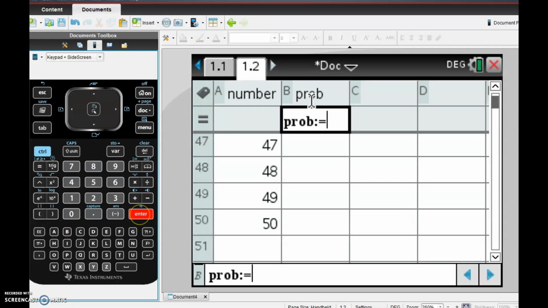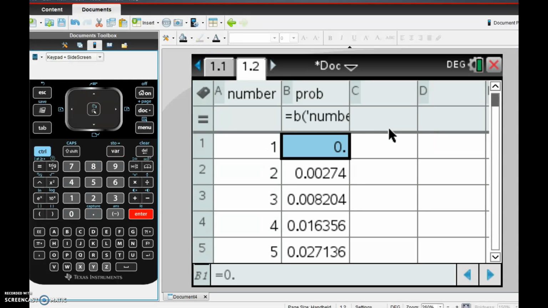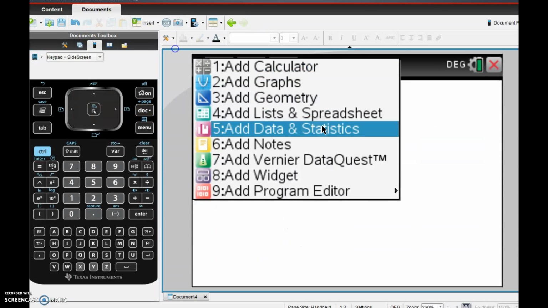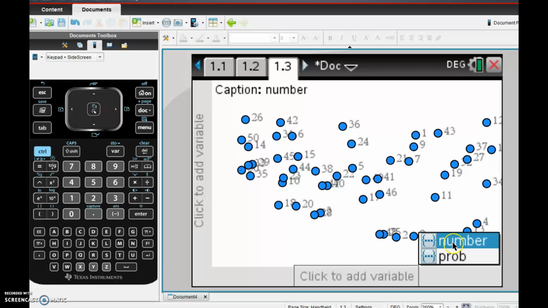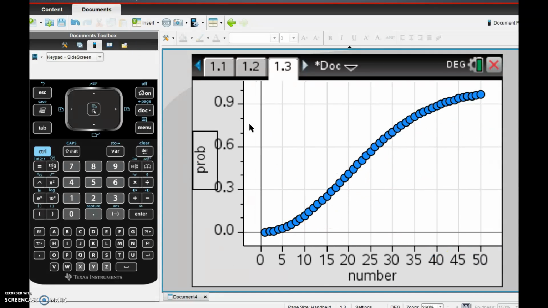To calculate it, we just take our function b of our column A, or b of the number of kids. And we make a scatter plot of that. Number of kids versus the probability. And there we go.